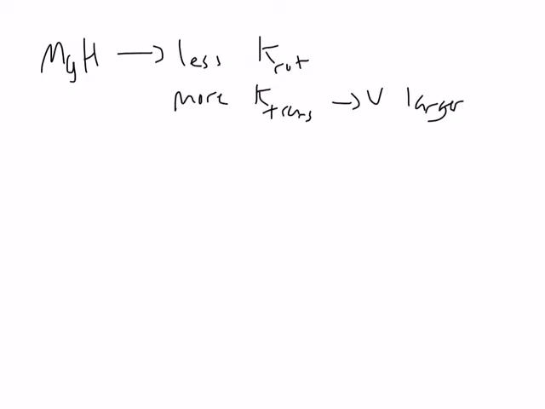So even though the speed is larger, right, because we have a bigger percentage in translation, the kinetic energy is actually less, because we're converting mgh into K, both types, plus delta E thermal now.